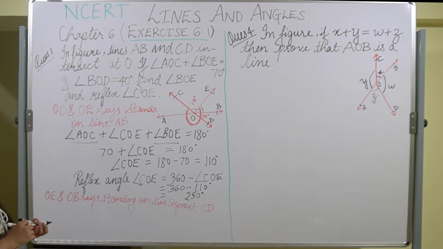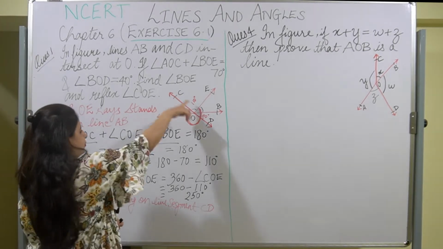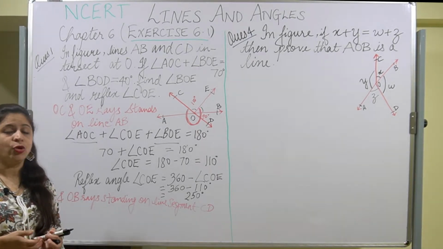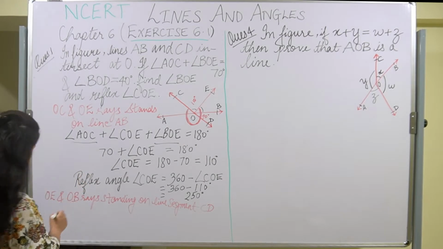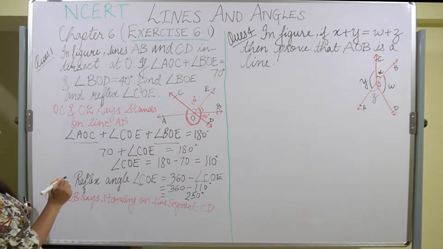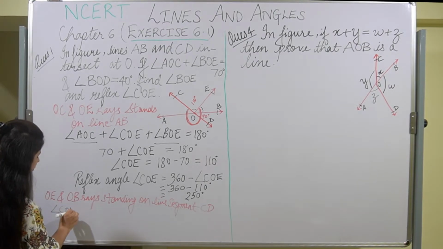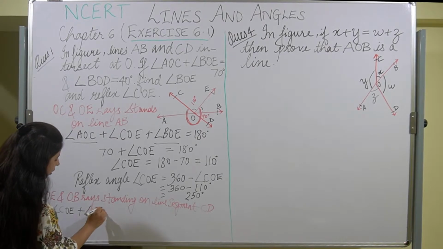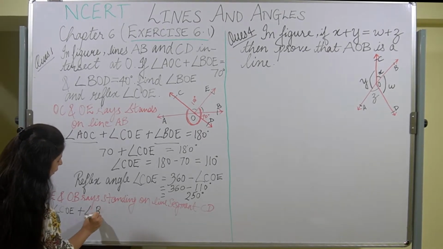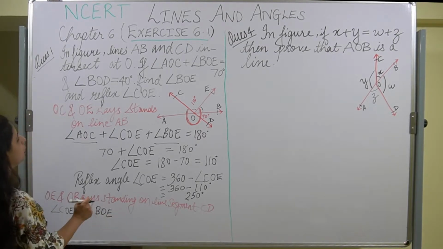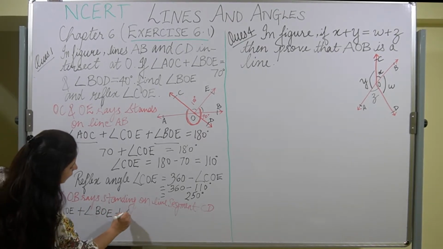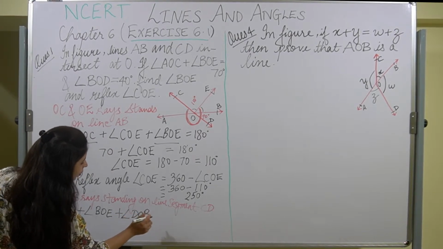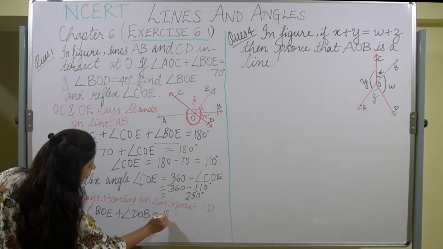Again, the sum of all the adjacent angles will be equal to 180 degrees. So it gives me angle COE plus angle BOE plus angle DOB is equal to 180 degrees.